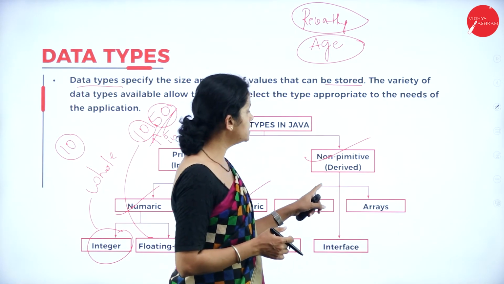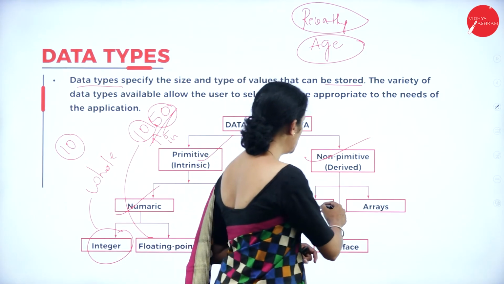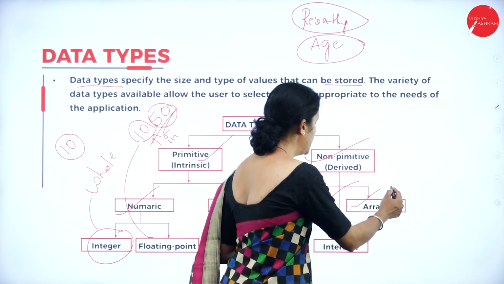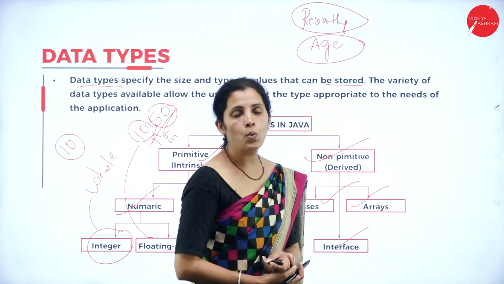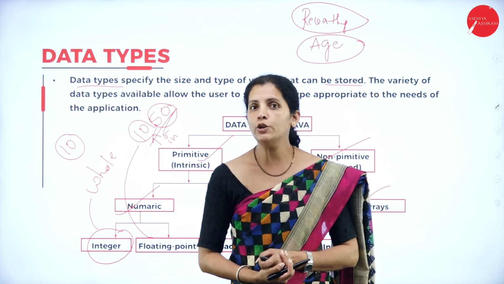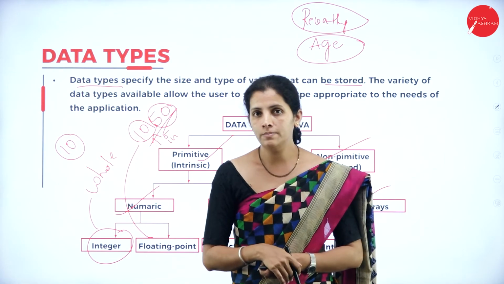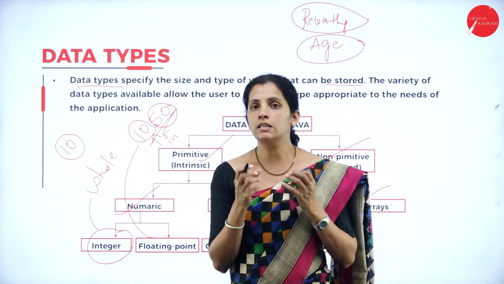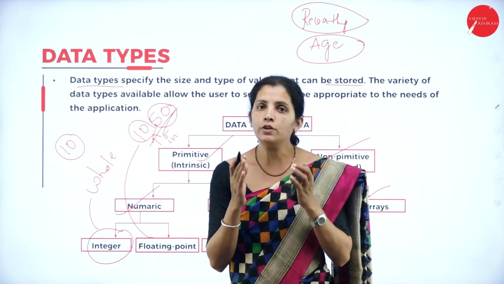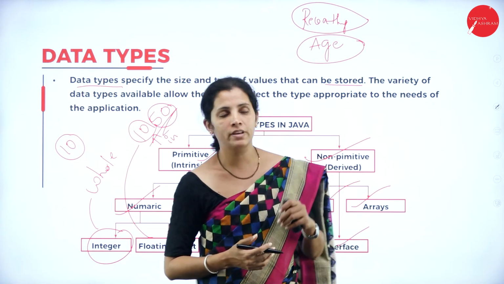Now if I consider non-primitive data types, they are classified into three types: class, arrays and interface. So what is class? Here class is mainly used to represent real world problems. When I consider it as a real world problem, it is going to have its own properties as well as its own features.